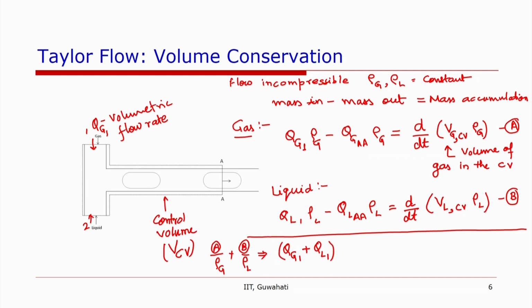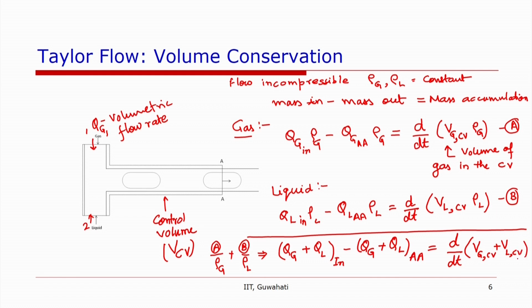All this is at the inlet, so we can actually remove the 1, and for better understanding write it as at inlet, minus QG plus QL at cross section AA, that will be equal to d by dt of gas volume in the control volume plus liquid volume in the control volume.